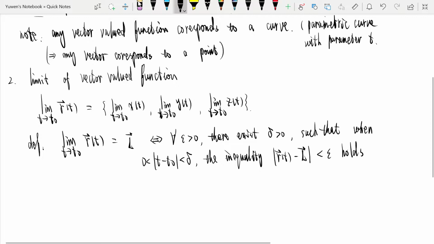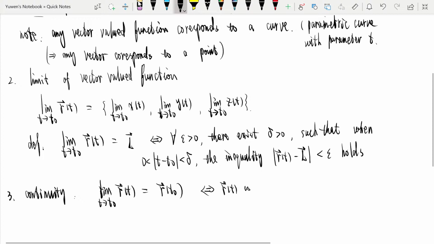And the continuity. We say that when t tends to t naught, the limit of r(t) equals r(t naught), then r(t) is continuous at t equals t naught.